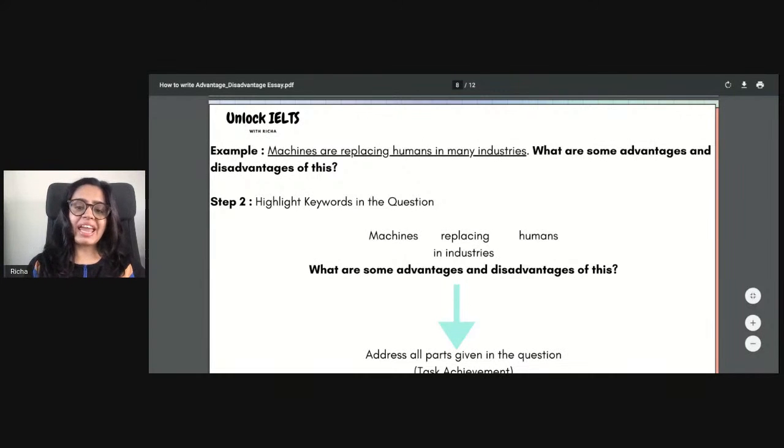If you miss out any single thing, and if you ignore answering any single aspect given in the question which you're expected to do, then you are going to compromise your score. So highlight the keywords and identify the question, and then your task achievement is fulfilled automatically.